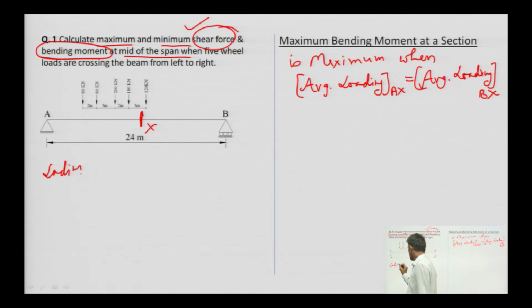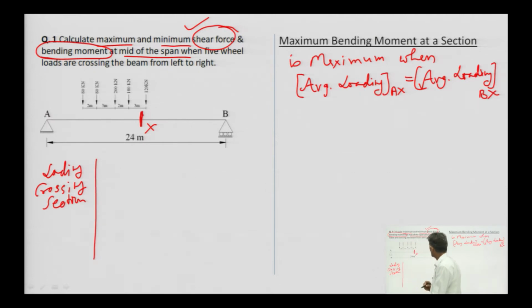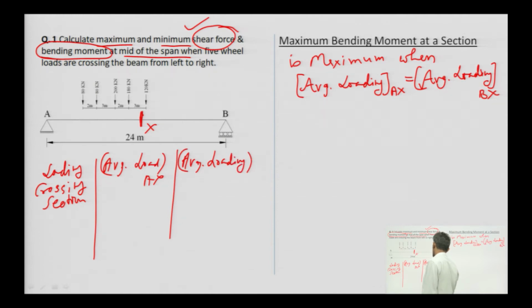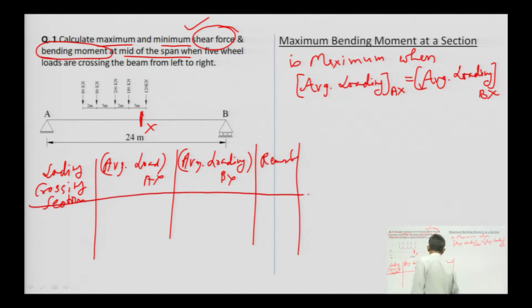The table columns are: load crossing the section, then average loading on segment AX, then average loading on segment BX, and a remark. Let us complete this table.